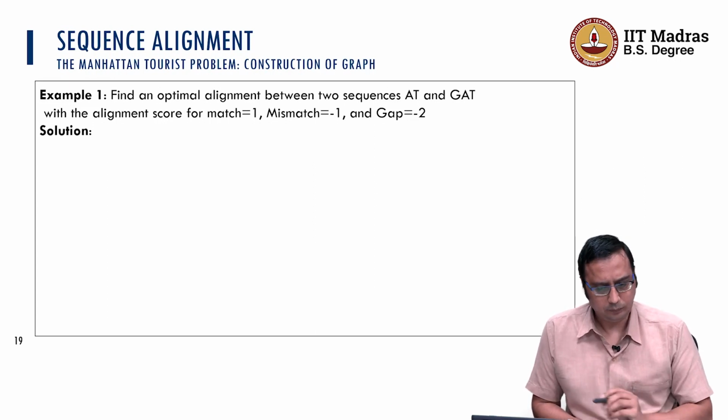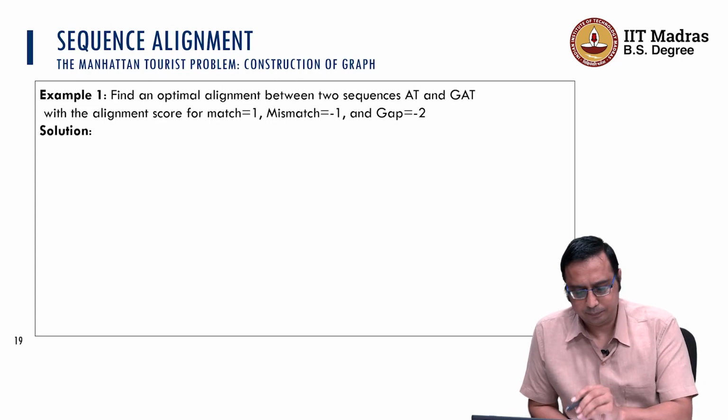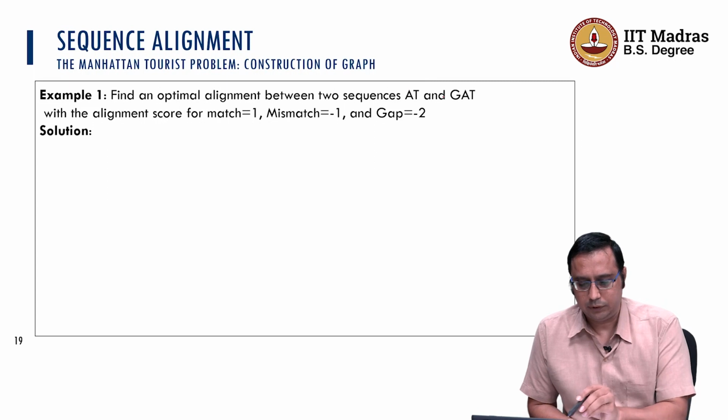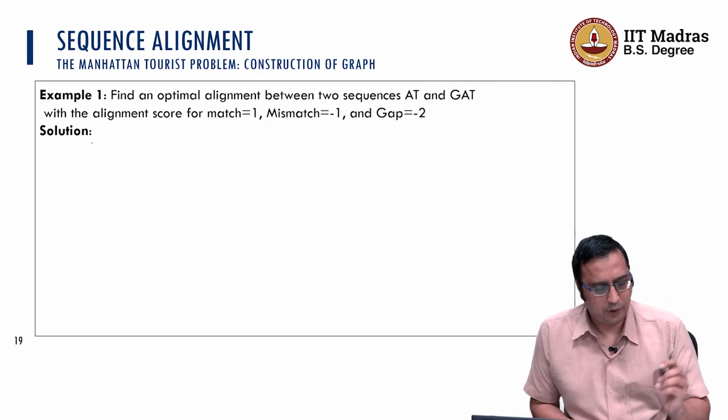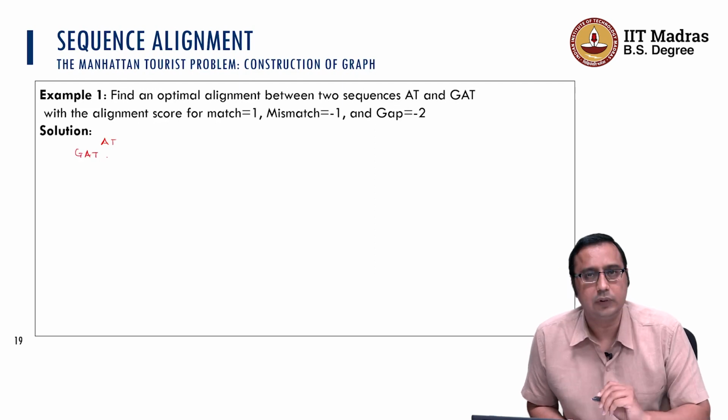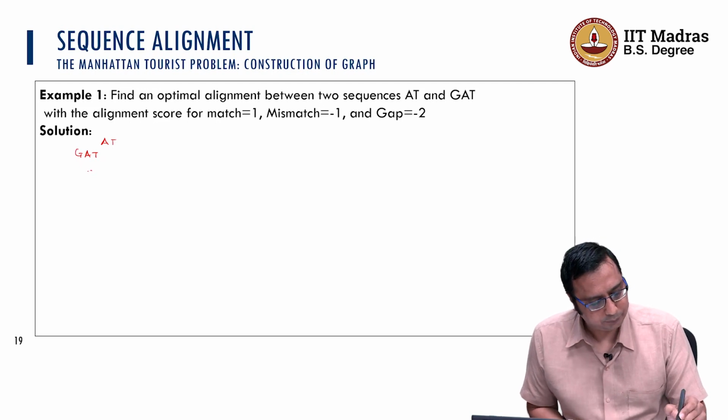So as we discussed, we want to create a graph. So what we are going to do is create a set of nodes. So we have AT and GAT. So I'm going to create nodes.